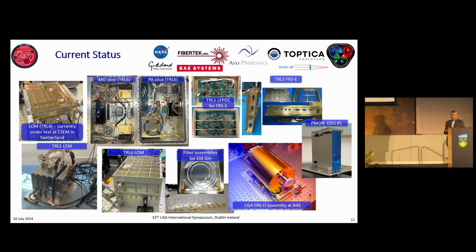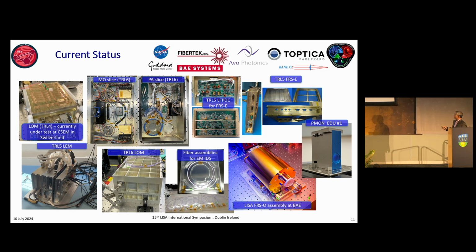Here's a photographic collection of the hardware that we have developed. We can see the TRL4 hardware that was delivered to CSEM in 2021 for testing. And here showing the TRL6 master oscillator side and the power amplifier side, combined to form the LOM. We have the TRL5 LAM.